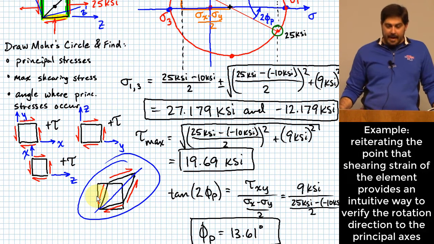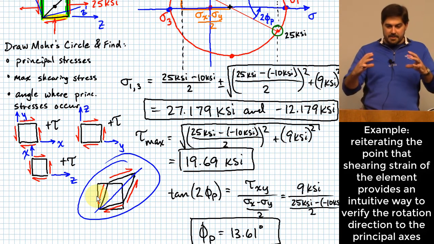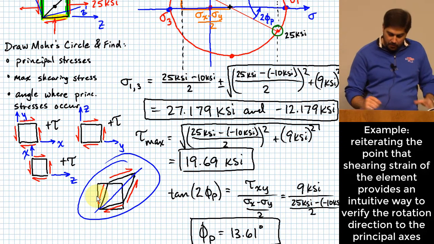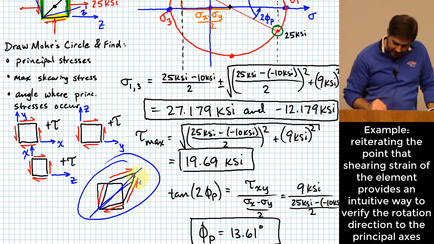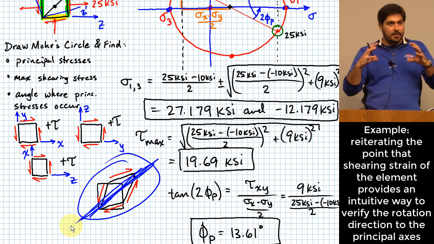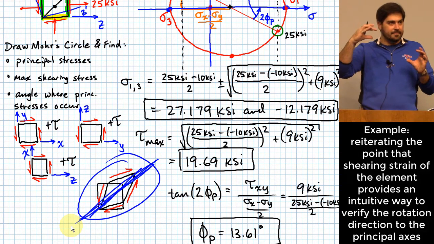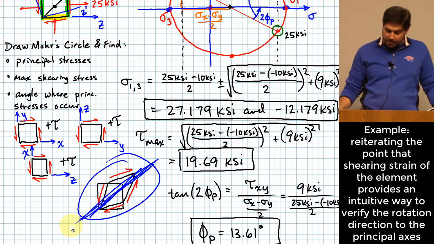And that means that if you were to rotate your coordinate axes such that they aligned better with that new axis where that diamond shape effect is happening, then you're going to start seeing higher normal stress in that direction, because there's more strain in that direction. Okay? So hopefully that helps a little bit.